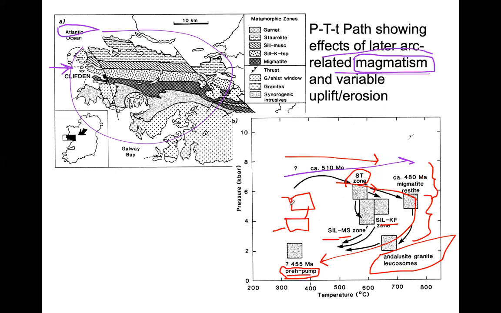And to mark this type of region, you need to have the PT determination also. So they must have determined the PT conditions. They obtained some minimum and maximum temperature regions, right? This is minimum, this is maximum, and for pressure, this is maximum and this is minimum.